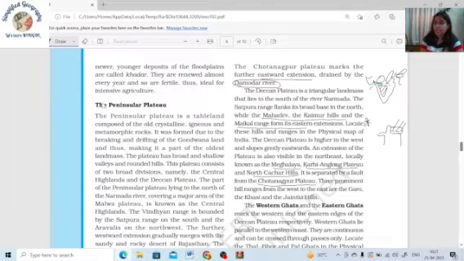And this area was separated from the Chotanagpur plateau due to a fault. Clear? So these are important. Once we do a map pointing class, we will surely try to locate and label all these names of hills and plateau regions.